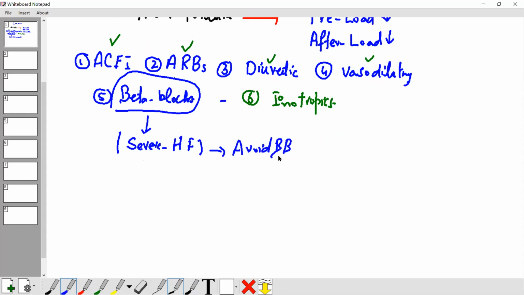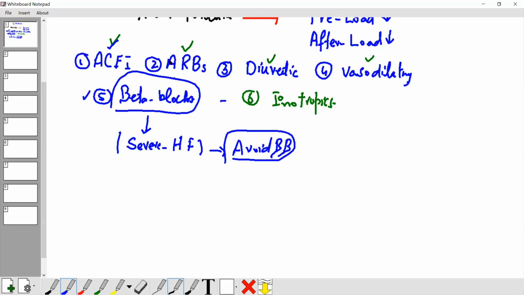Okay? It's an important point. You can give a beta blocker for heart failure in a mild case, in the starting condition. But if the heart has already failed badly, that's why I put this drug at last. I'm not going to start heart failure therapy from a beta blocker. So beta blocker at last.